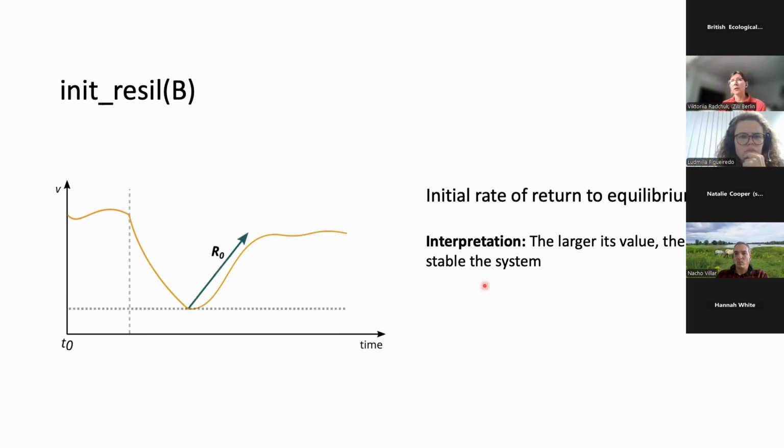We can have initial resilience, which is the initial rate of return to equilibrium. It's interpreted in the way that the larger the value, the more stable the system, because the quicker the system returns to equilibrium in the short term, because that's the initial rate of return.